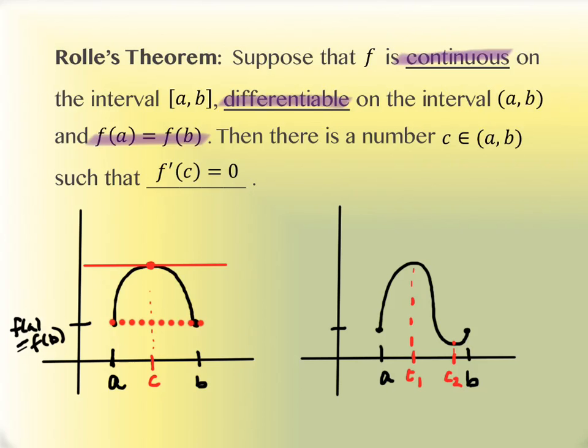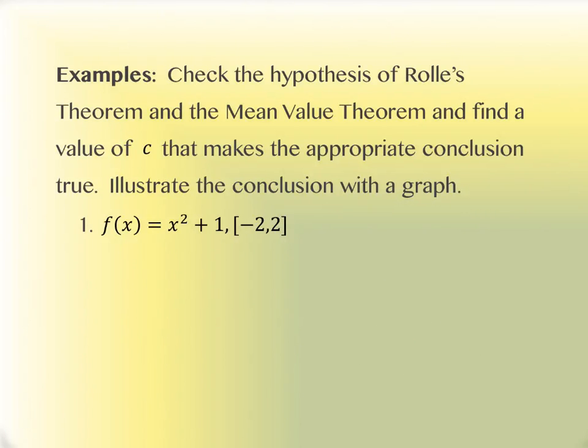Okay? So let's take a look at an example. The directions say to check the hypothesis, that's what I was just referring to, those conditions of Rolle's theorem and/or the mean value theorem, and then to find the value of C that makes the appropriate conclusion true, and then illustrate with a graph. So the first thing we have to do is check the conditions.